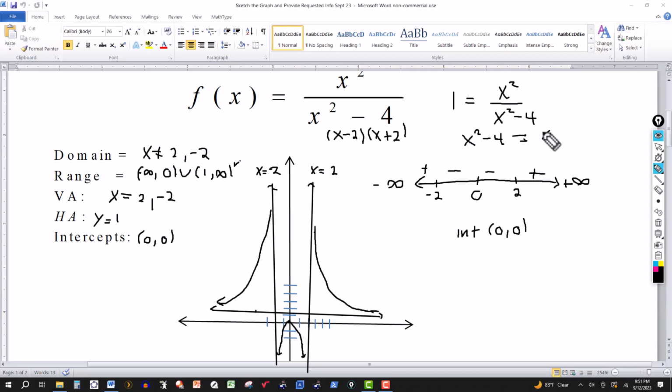It just leaves me with x squared. Does that equation have a solution? Well, notice the x squared and the x squared cancel. So I get minus 4 is equal to 0. That's impossible. Negative 4 cannot be 0. That's one way to do it, or to determine if a graph crosses a horizontal asymptote. Never going to cross the vertical, but in some cases it may cross the horizontal.